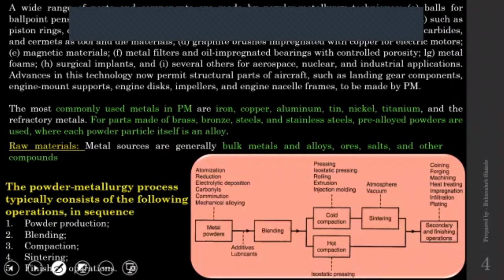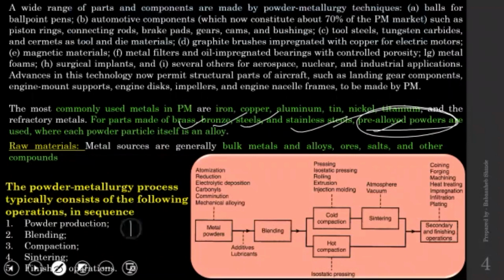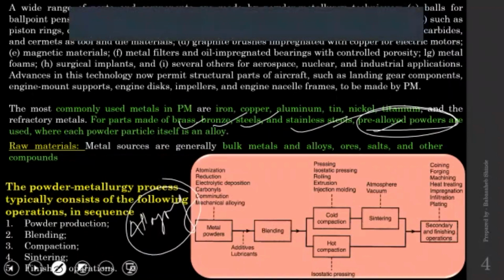Next, when it comes to applying this technique to brass, bronze, steels, and stainless steels, in such cases pre-alloyed powders are available, and those pre-alloyed powders are used as a raw material. Now we know what is meant by alloying, right? Alloying is nothing but mixing of more than two materials together to have certain specific properties.